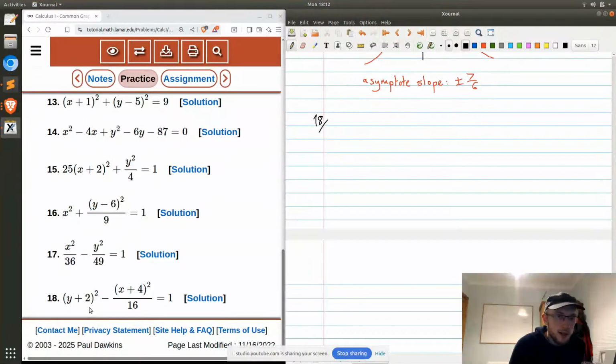And this is another ellipse. No, hyperbola. And this time it's opening up and down. And can you say anything else about it? It has a center of -2, -4, right? Okay. I need more room.